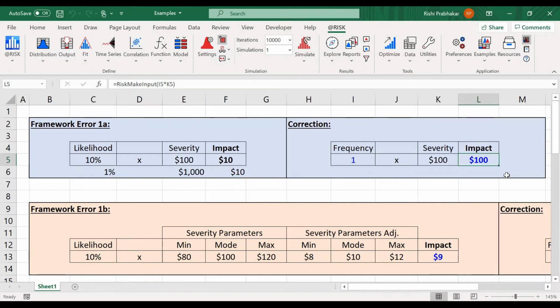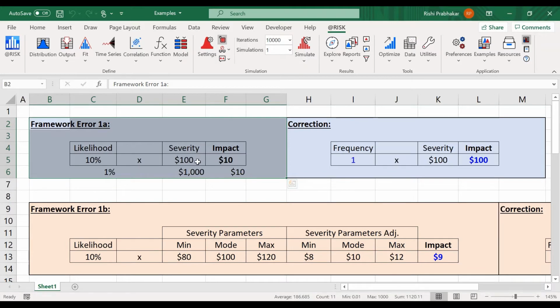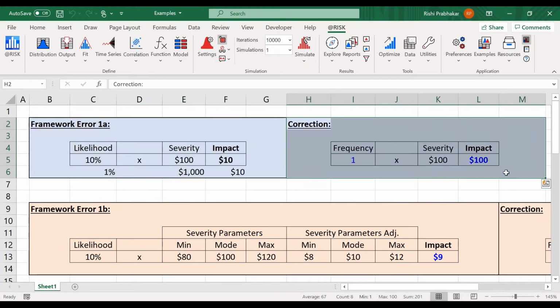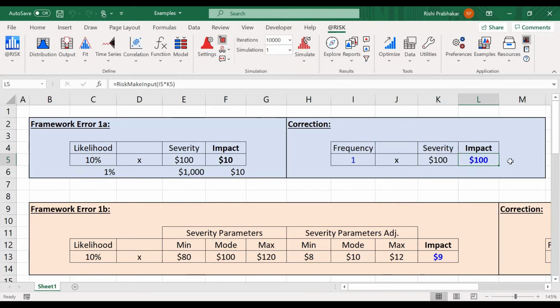So this model has now taken the knowledge that there's a 10% chance of something happening and it'll cost me $100, and produced an actual model where this cell, L5, this impact, is an actual model of what can happen. Hopefully you can see that whirring away in front of you. Sometimes it's naught, in fact quite often it's naught, but sometimes it's 100. It's never $10.